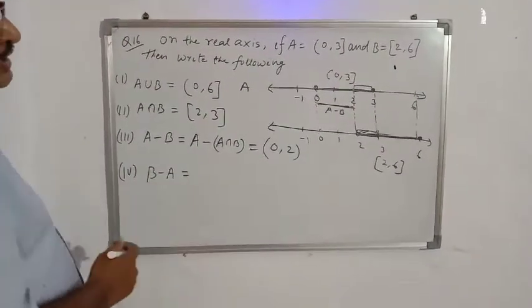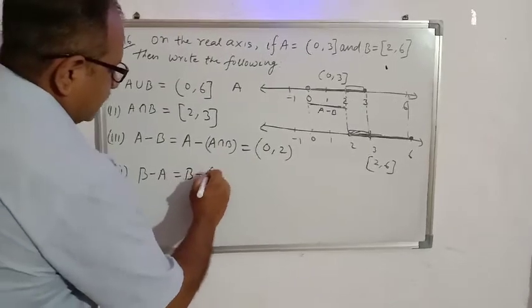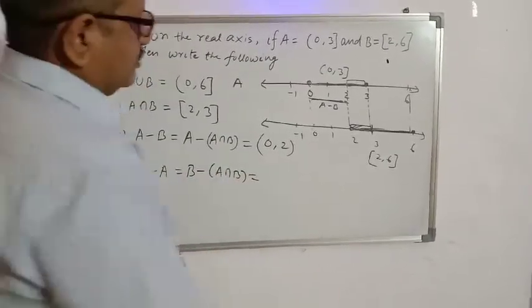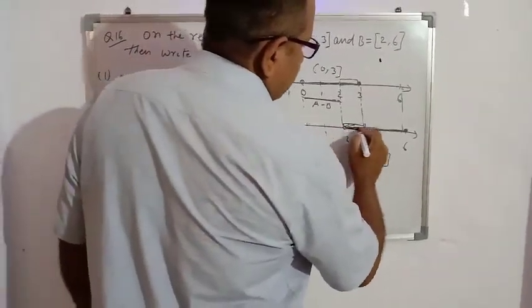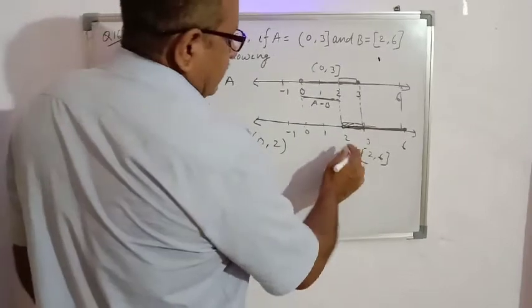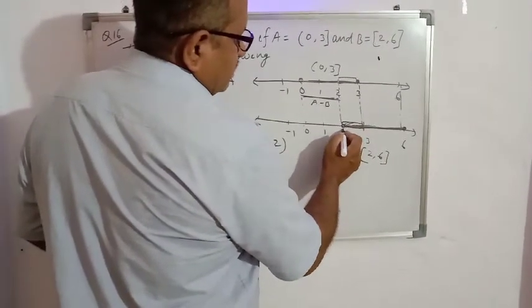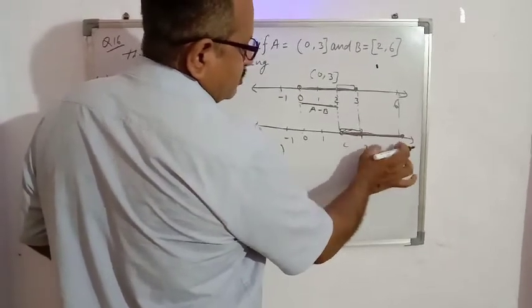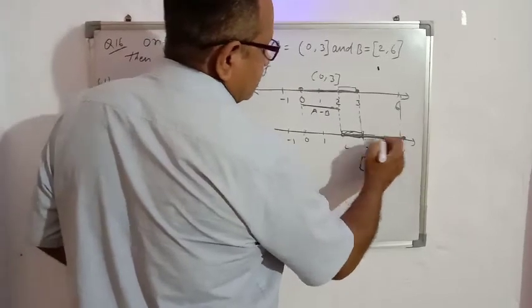And B minus A. B minus A means from the set B we subtract A intersection B. So B is this line from 2 to 6, and A intersection B is the closed interval 2 to 3. So we will remove this part from 2 to 6. So we will get only what? 3 to 6.